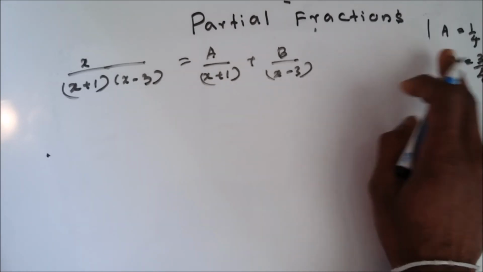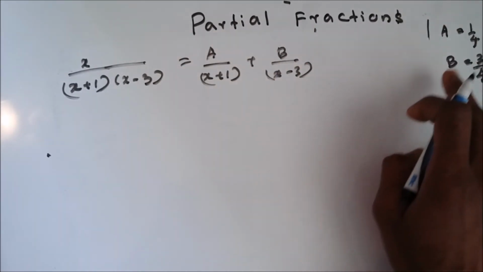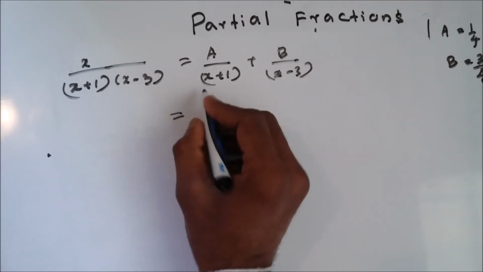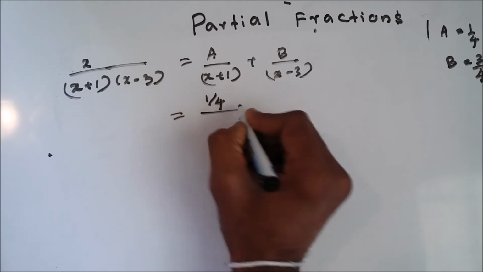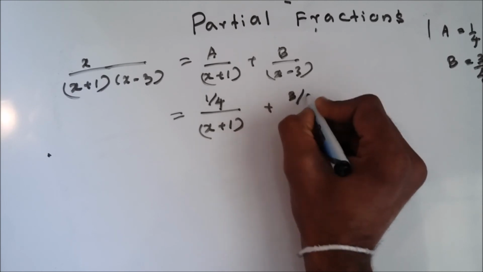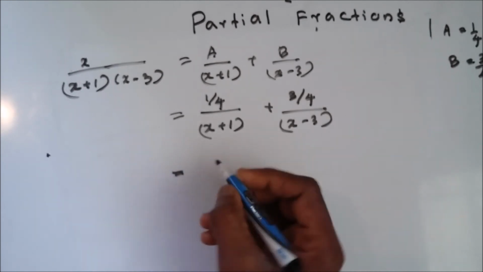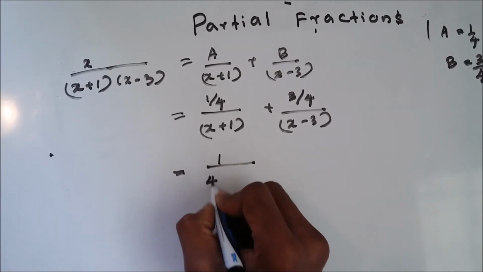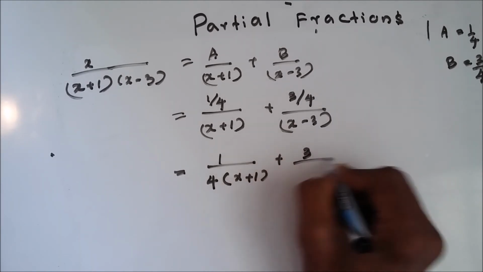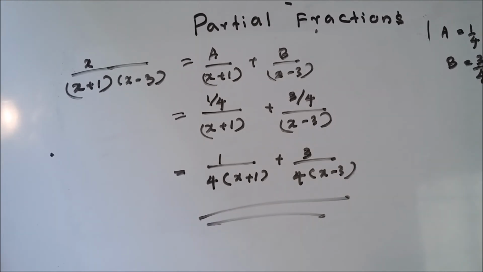Now I can substitute A equals 1 over 4 here and B equals 3 over 4 here: 1 over 4 into (x plus 1) plus 3 over 4 into (x minus 3). This is our solution.